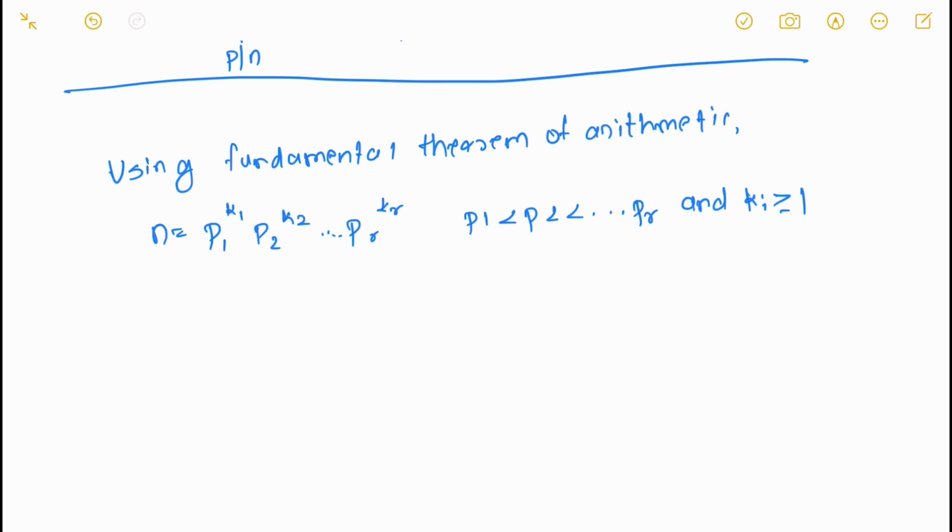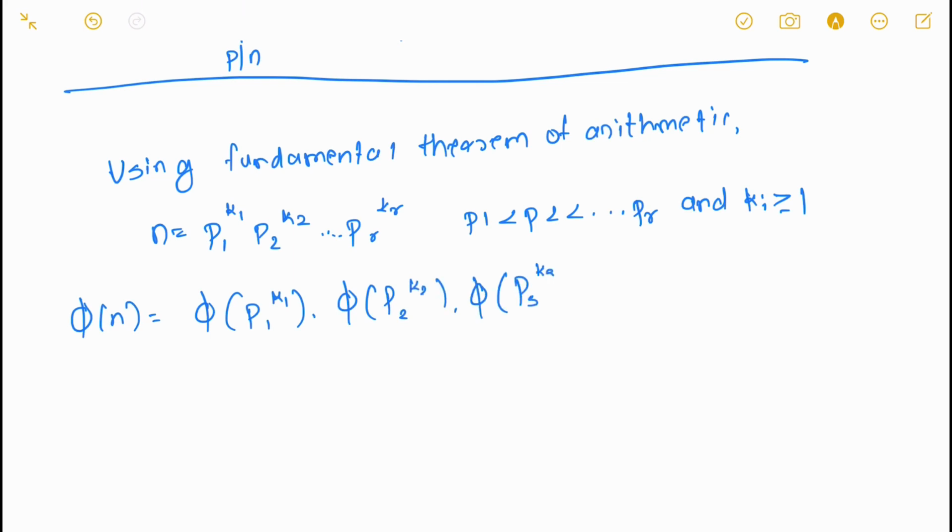Using the multiplicative property we can say that phi of n can be written as phi of p1 raised to k1 into phi of p2 raised to k2 into phi of p3 raised to k3, and so on up to phi of pr raised to kr.